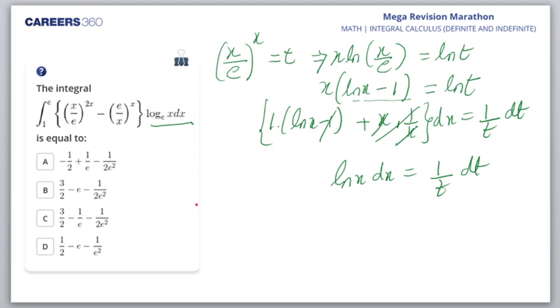So let's see what do we find. The integral happens to be now 1 by e to 1. I hope you understand how to change the limits. When I put x as 1, I get 1 by e. When I put e, I get 1. The integral becomes x by e raised to 2x, that is t square, minus the reciprocal of it, so minus 1 by t.